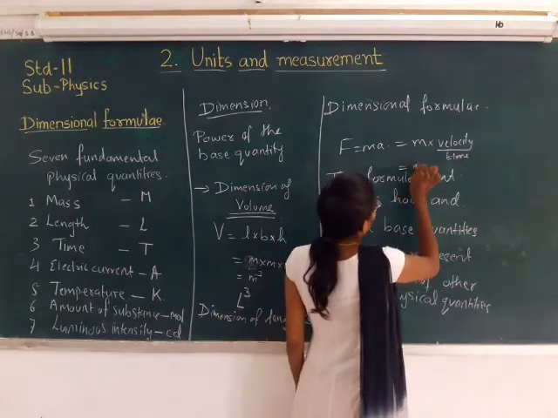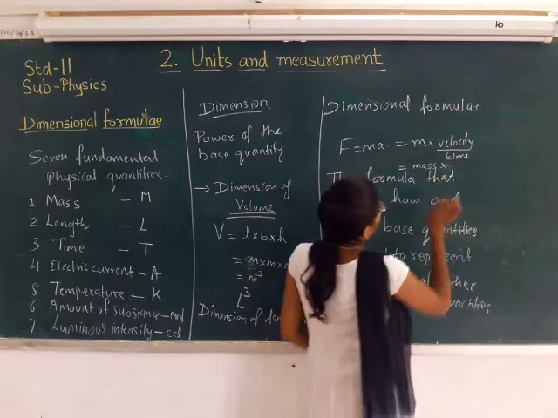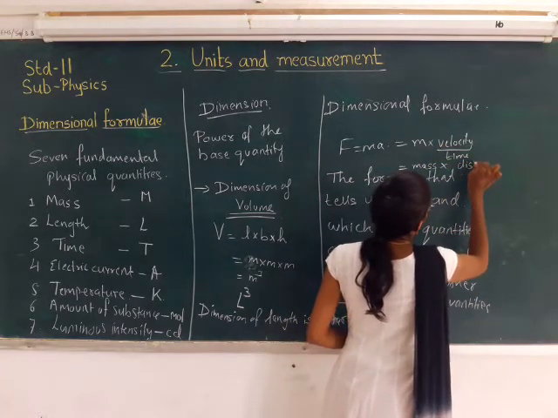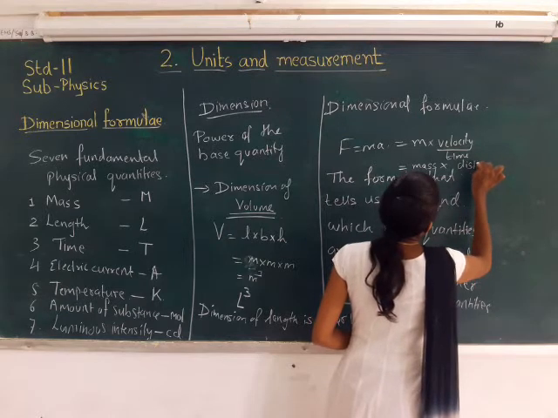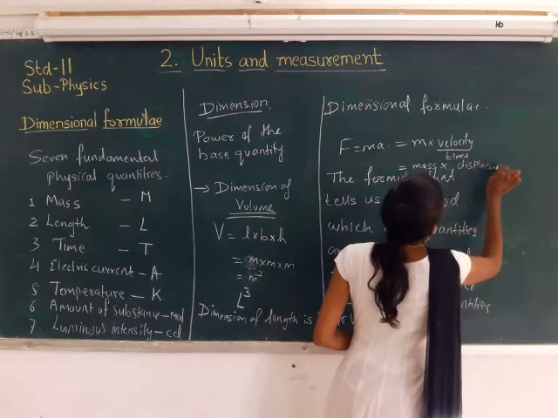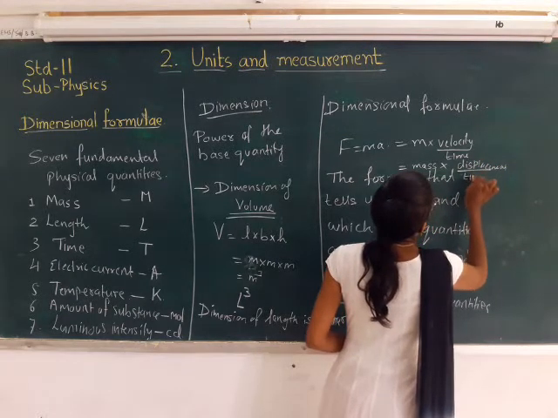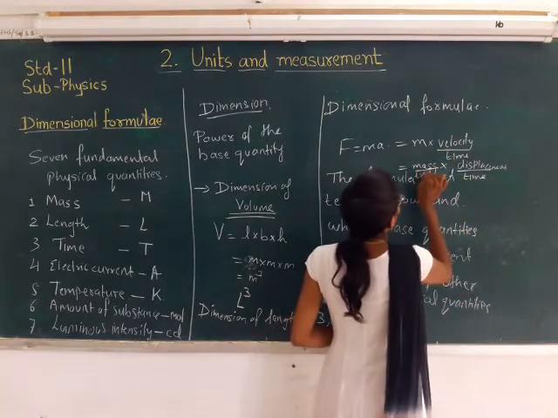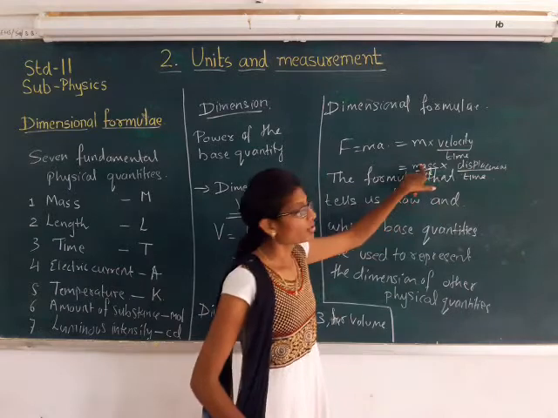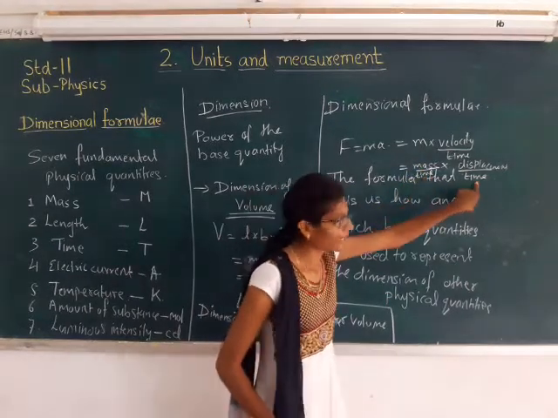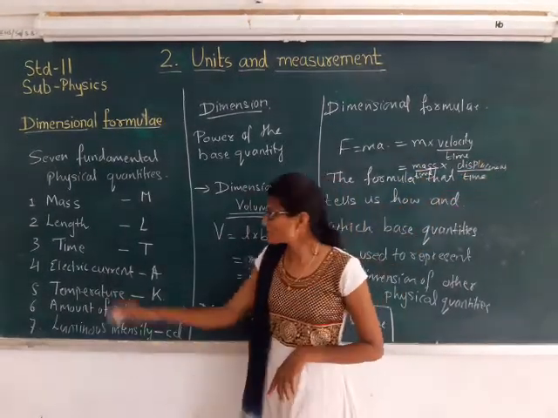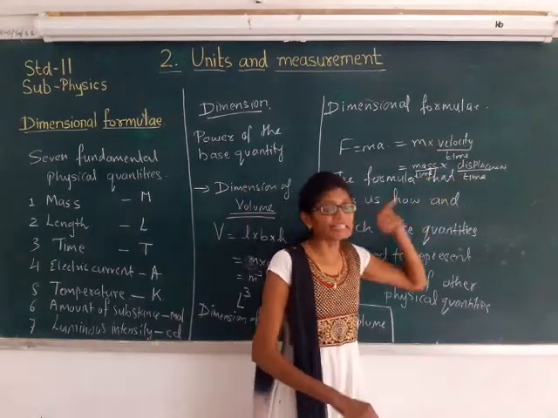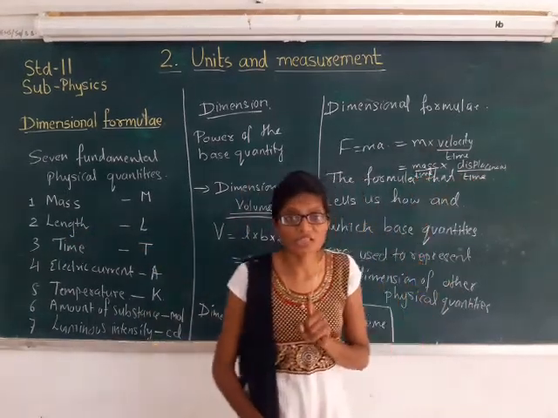So it can be written as mass, and velocity is displacement upon time, and over here again we have upon time. So here mass, time and displacement, which is nothing but length, are all fundamental physical quantities.